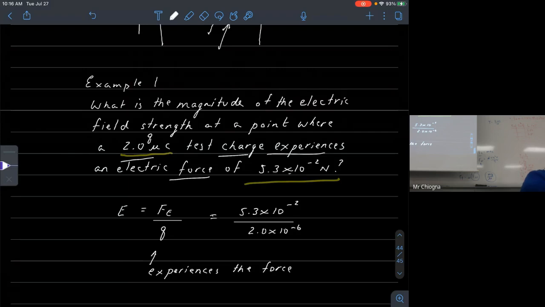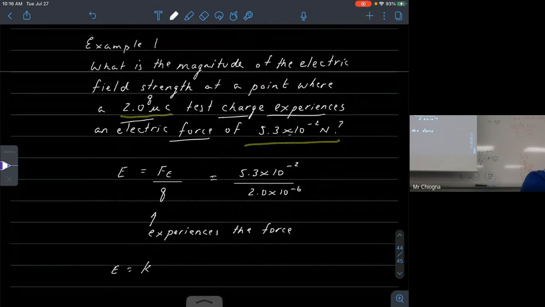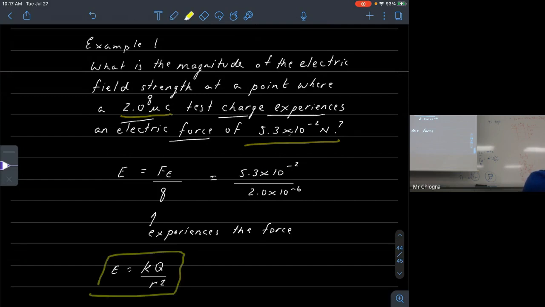Okay? So how did I know to use this equation? Why didn't I use this? I didn't use this second equation because there's no mention of the source.